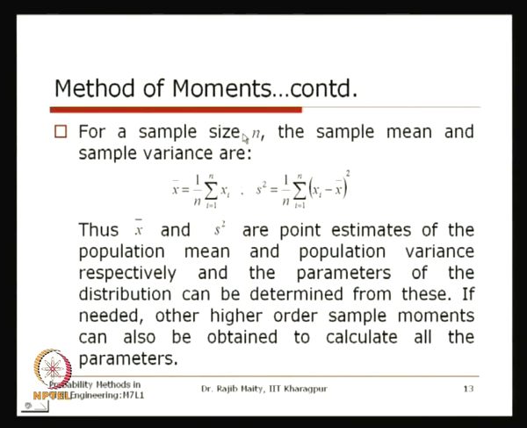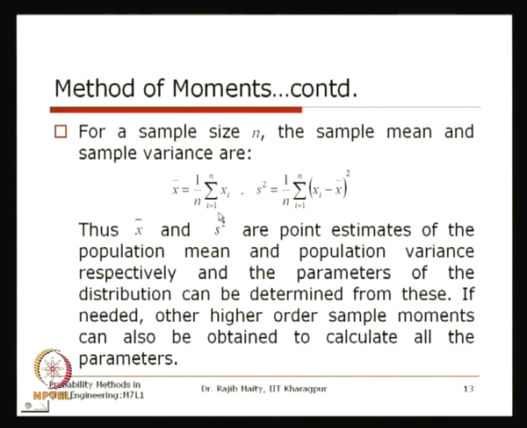Now for a sample size n, the sample mean and sample variance that we use as estimators are as follows. x bar is 1 by n summation of all the samples that we have, where the sample size is n as mentioned here. So we sum all the samples and divide by n, which is basically the arithmetic mean.